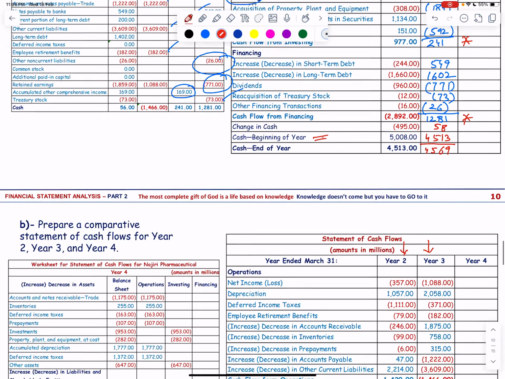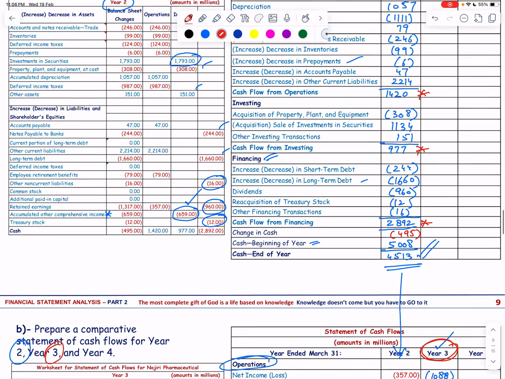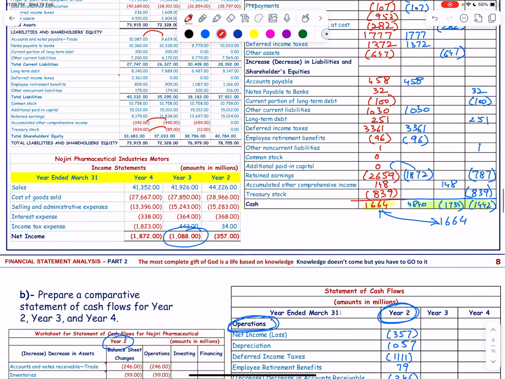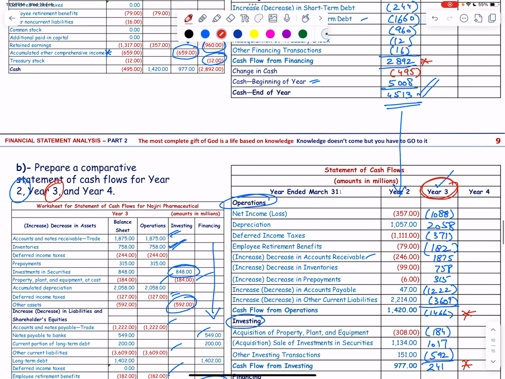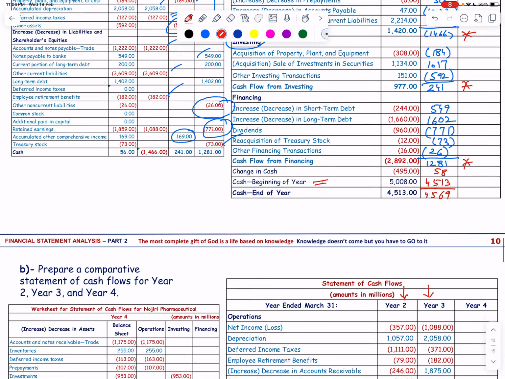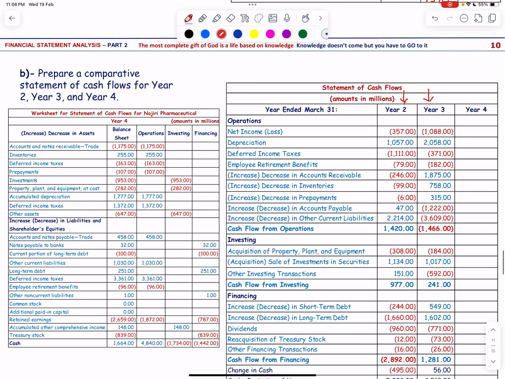We move on to slide number 4, and once again we start with the net income or the net loss for year number 3, which is negative 1872. Then we have the depreciation of 1777.